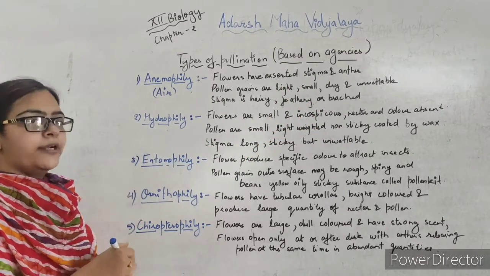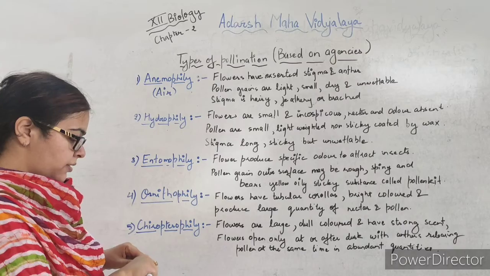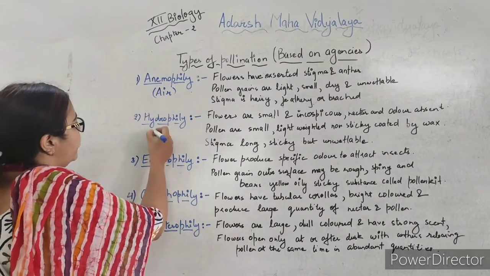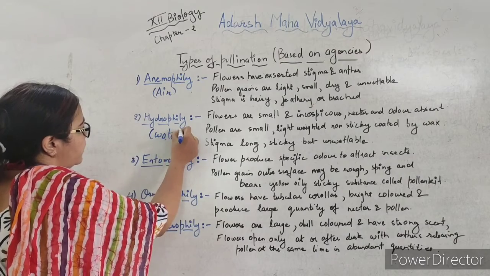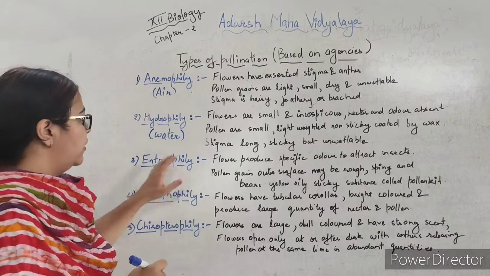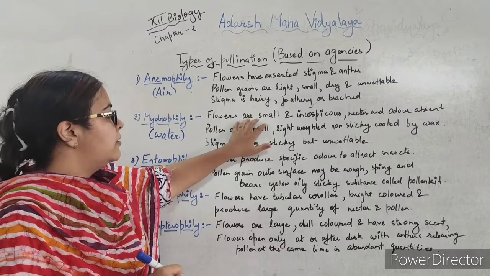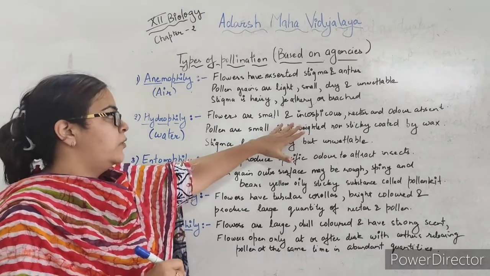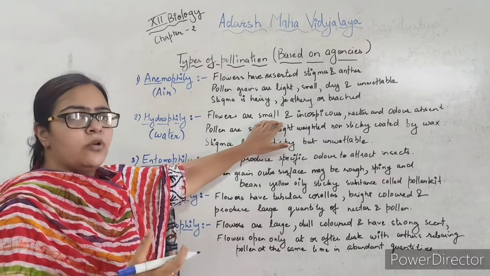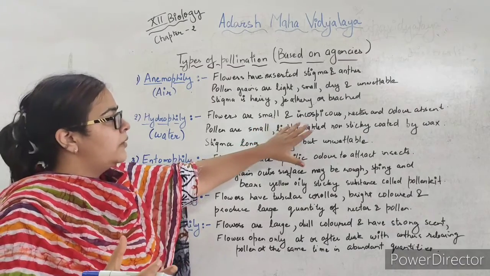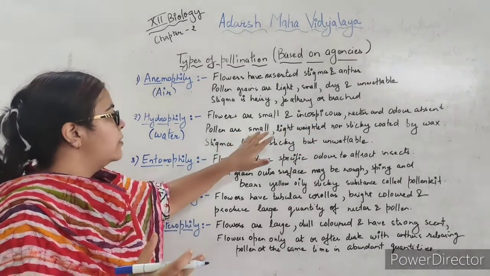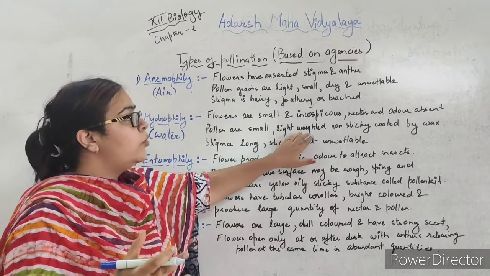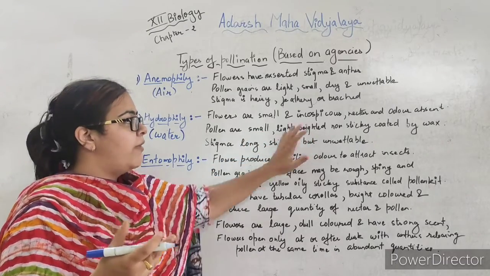Now the second one is hydrophily. This is the pollination by water. The agency for pollination is water. Here the flowers are small and inconspicuous, means it's not necessary that they are visible. They don't have any nectar or odor, and pollen grains are small, lightweight, non-sticky, and they are coated by wax.